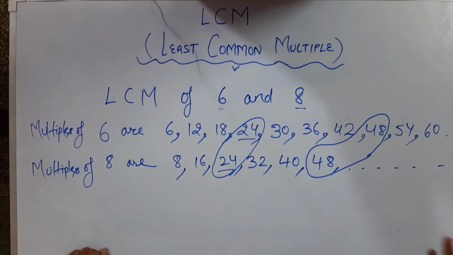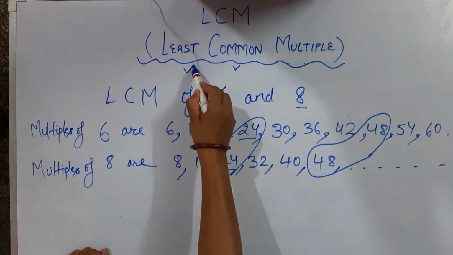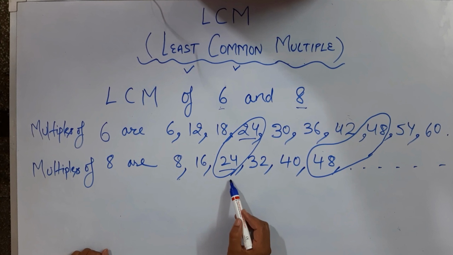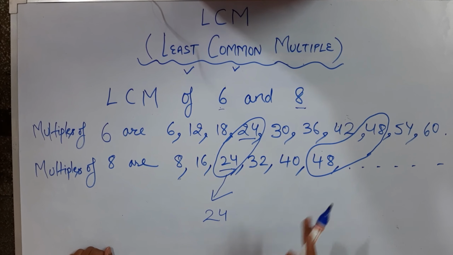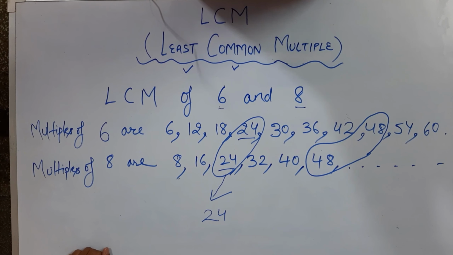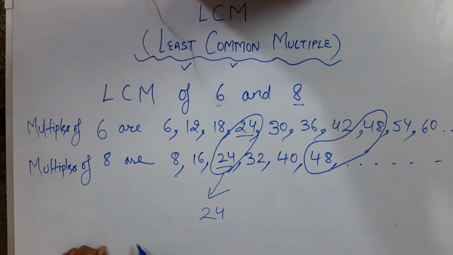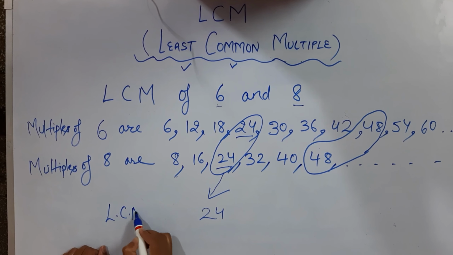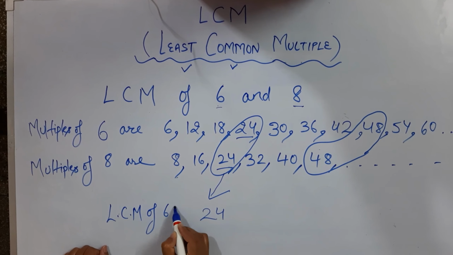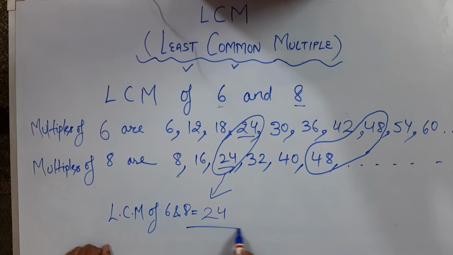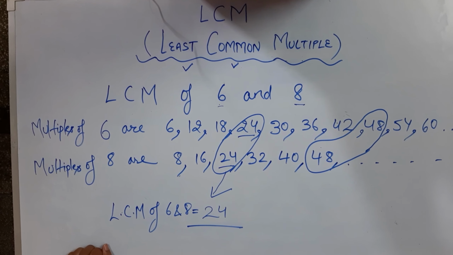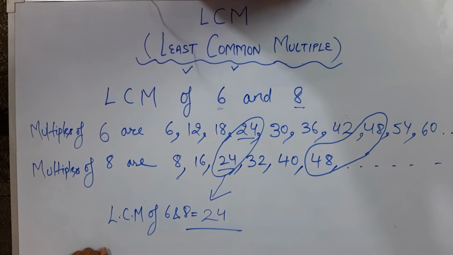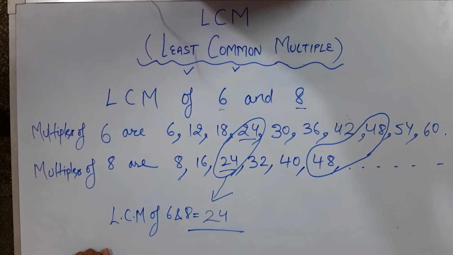But we will not go further because we have to find the least one only. And the least one we have already found here, that is 24. The other numbers will be larger than 24. So 24 will be the answer here. LCM of 6 and 8 will be 24. So, I hope you understood the concept of LCM, least common multiple.